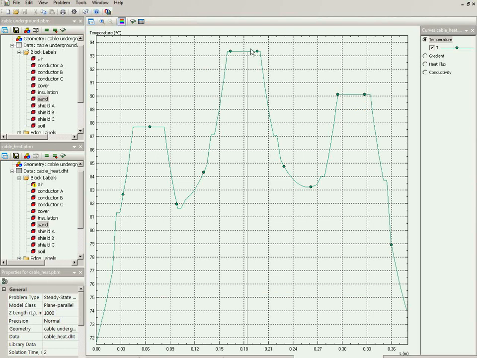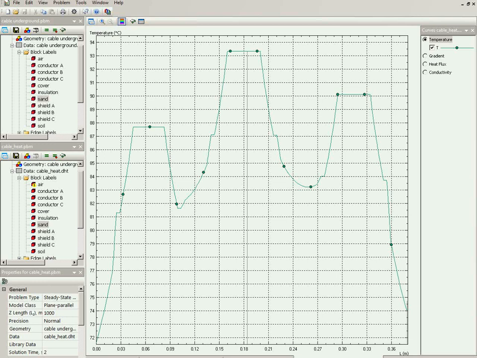So this is the disadvantage of the arrangement of cables in line. Again, you can see that the temperature is in Celsius degrees, which is a new feature of QuickField 6.3 SP1.